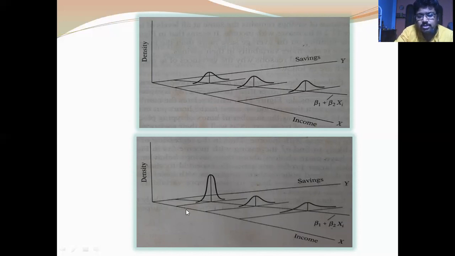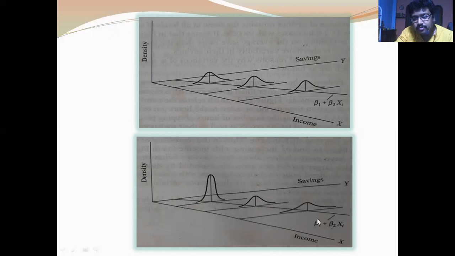Then at x1, the variance in y due to the disturbance term is not the same as the variance in y at x2 income, and at x3 income the variance is not the same as at x2 and x1 income.